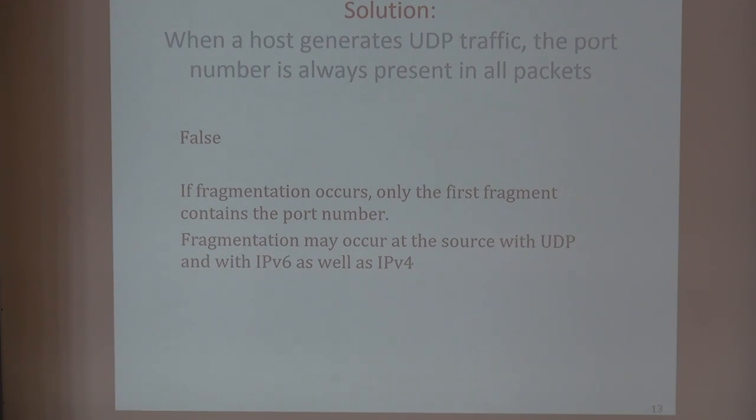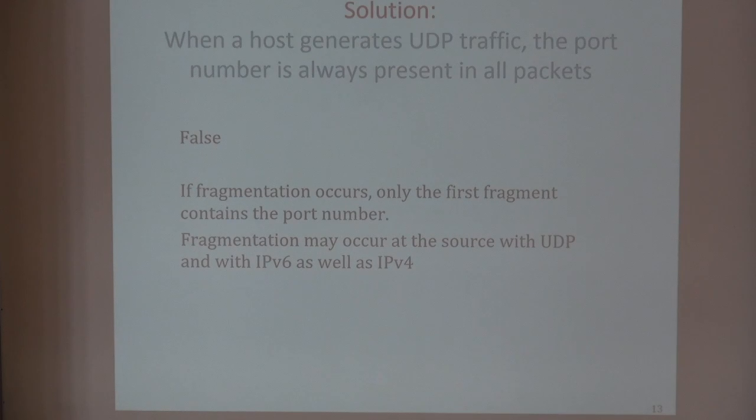Right. So if you are a classifying router that is trying to classify flows by looking at the port number, that won't work here. It's one of the drawbacks of fragmentation. If you want to kill all the IP packets that go to a given port number, like most firewalls do, it will still work because you will kill only the first fragment.